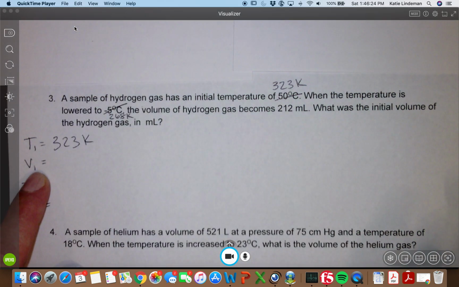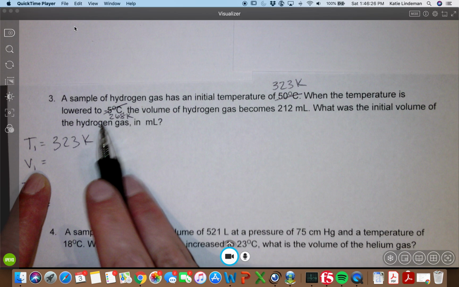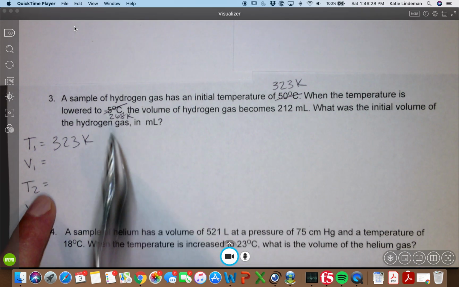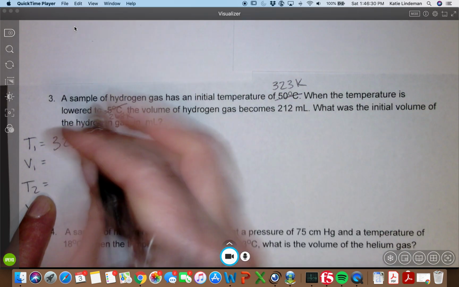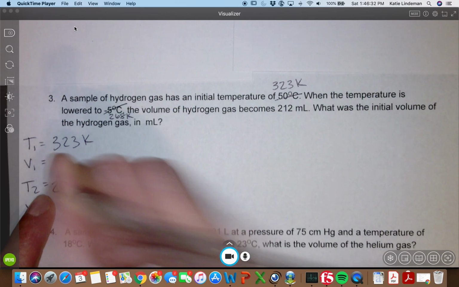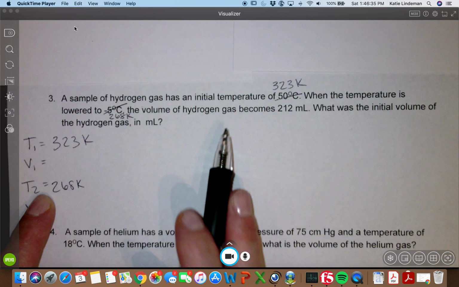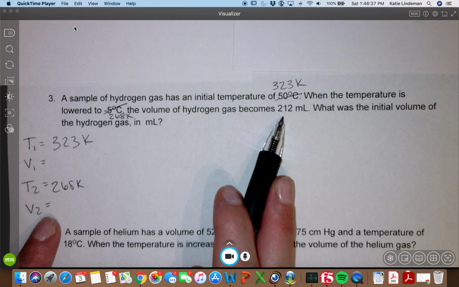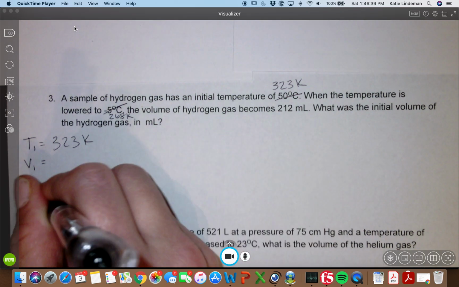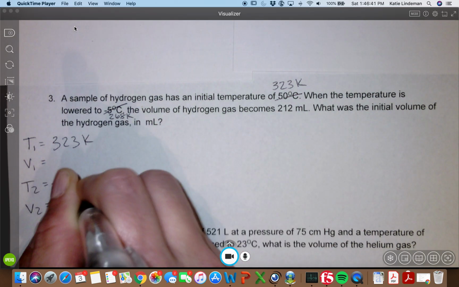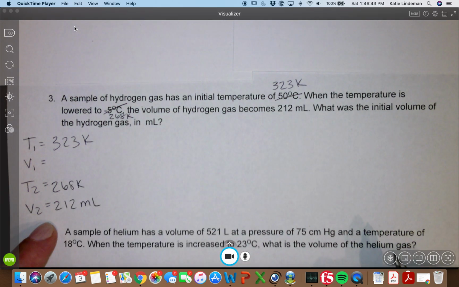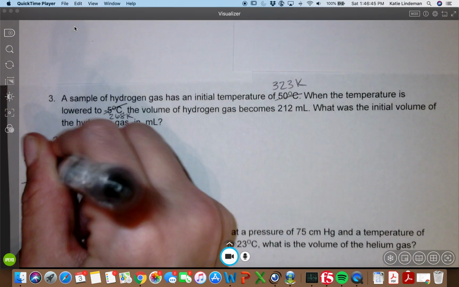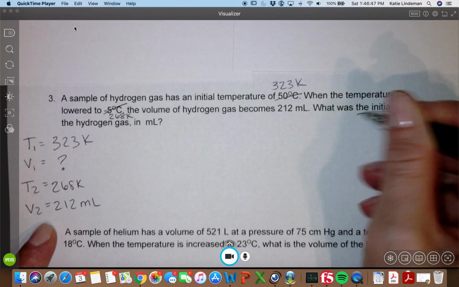When its temperature is lowered to 268 kelvins, so this is my temperature 2, the volume of the hydrogen gas becomes 212 milliliters. So we're going to be solving for initial volume because it's saying what was the initial volume, okay?